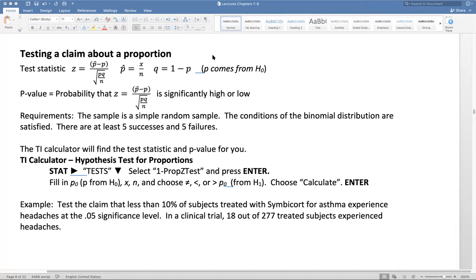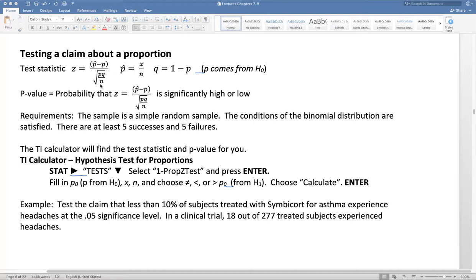Now today in 8.2, we're going to learn about hypothesis tests about a proportion, using the sample data and sample proportions, and then we'll get a conclusion about the claim about the population proportion.